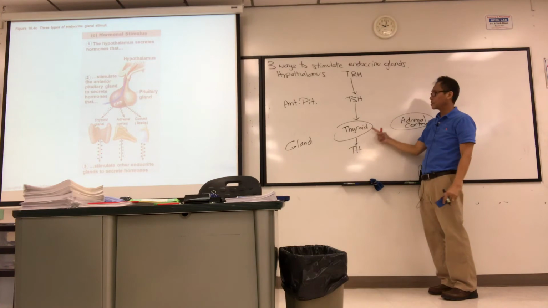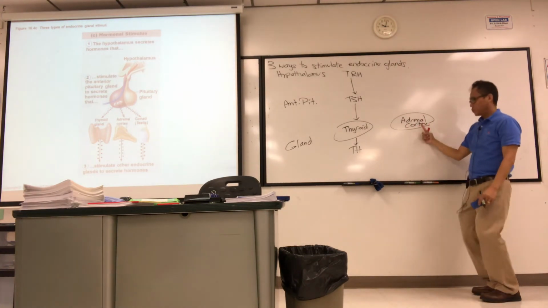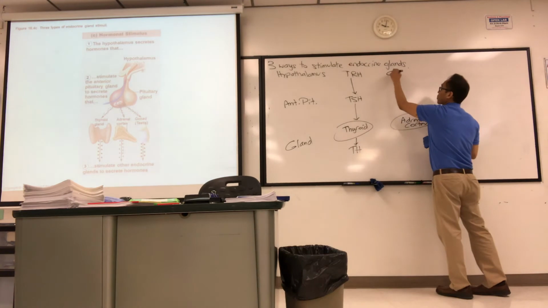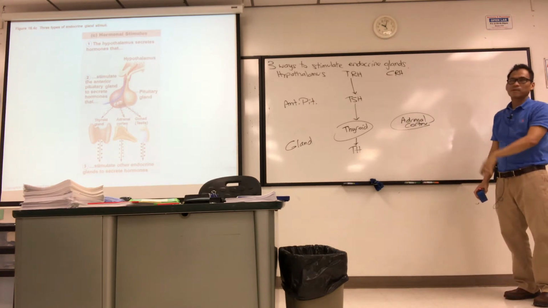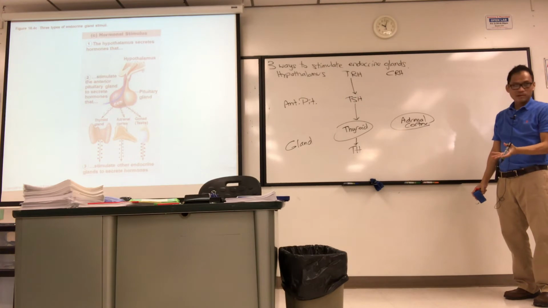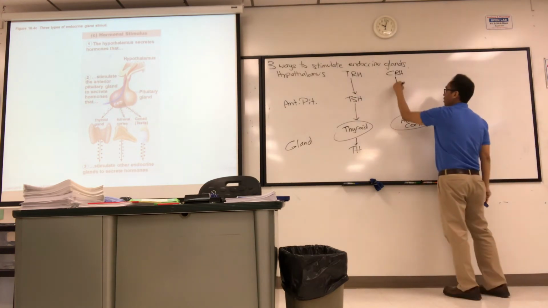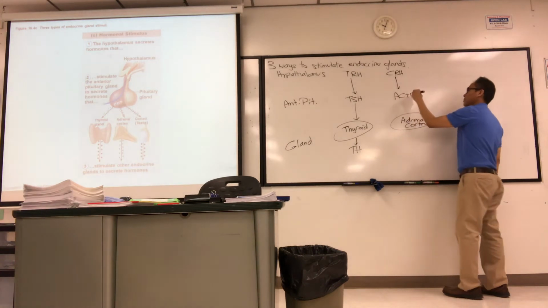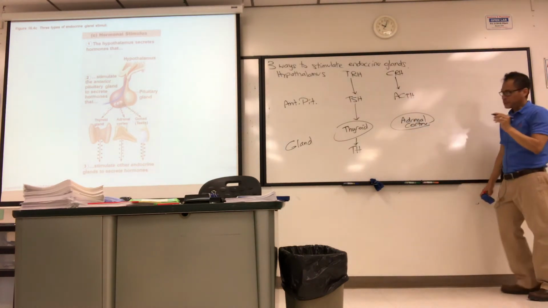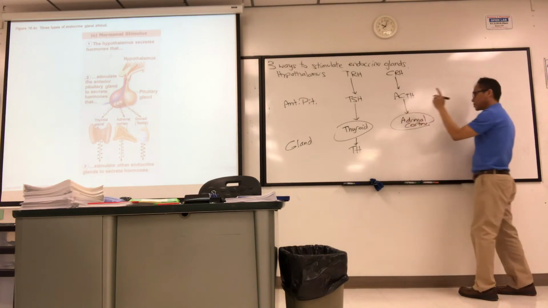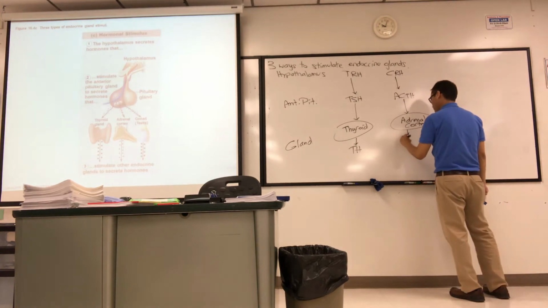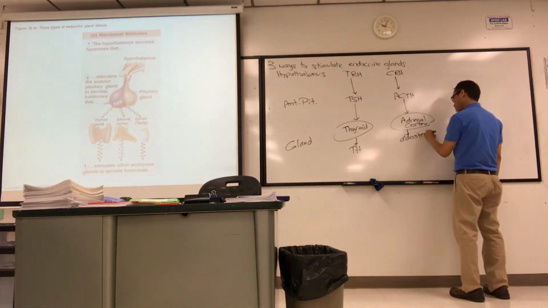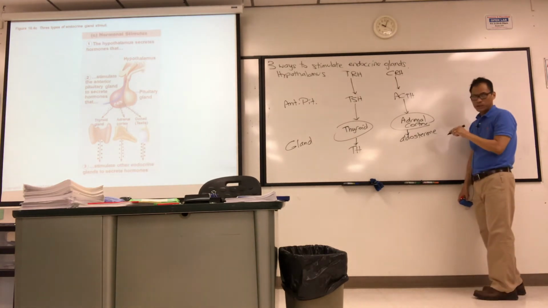I got ahead of myself because to control the adrenal cortex, it's CRH. I'll write the abbreviations all out later. For now, I just want to get the concept across. It controls the release of another hormone called ACTH. ACTH will stimulate the adrenal cortex to release other hormones, like aldosterone. Another one I'll teach you later is called cortisol, helps regulate sugar.